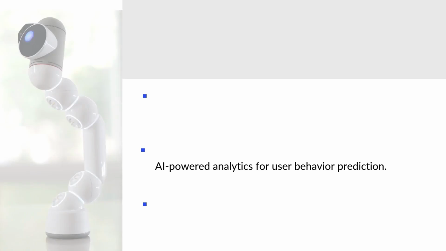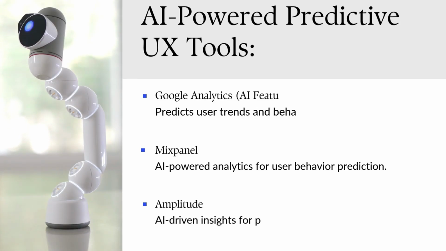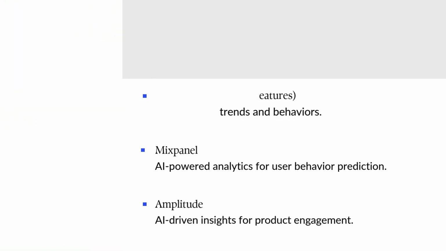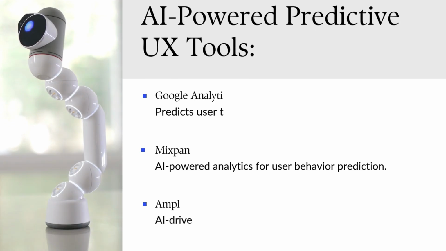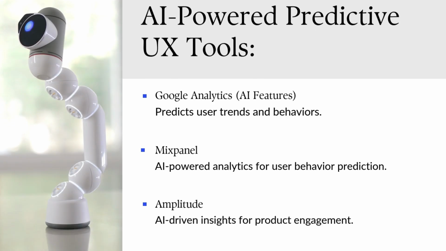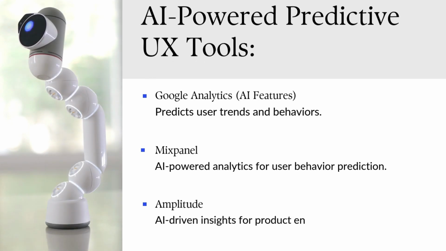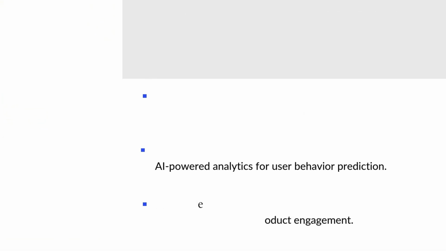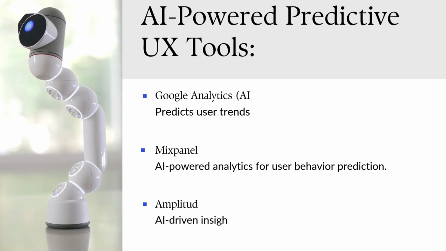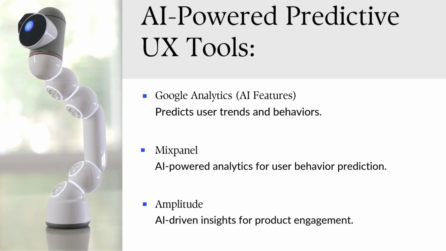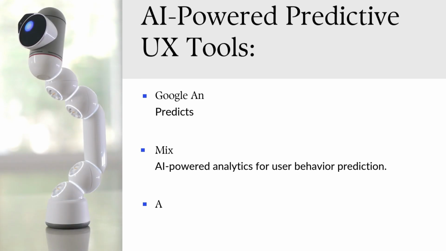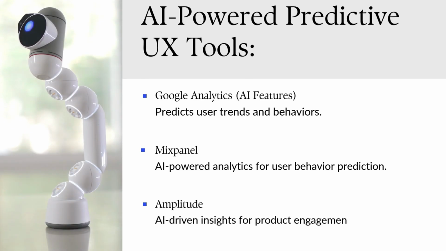So guys, it is time to talk about some of the AI-powered predictive UX tools. First on our list, we have Google Analytics with AI features. Of course, we have talked about this earlier. With Google Analytics, we can predict user trends and behaviors.